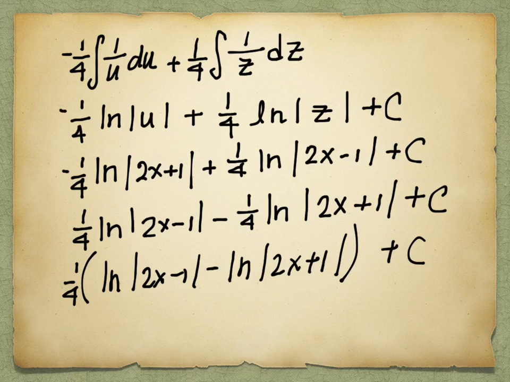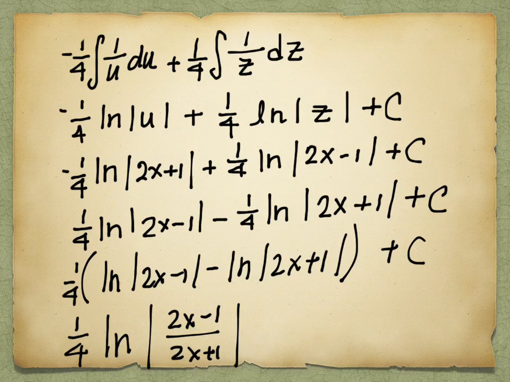Because the plus c doesn't get involved in this. And how do you represent 2 logs subtracted more concisely? With division. So this is 1/4, and then it's the natural log, and then you can put the absolute values together: 2x minus 1 over 2x plus 1, plus my c.